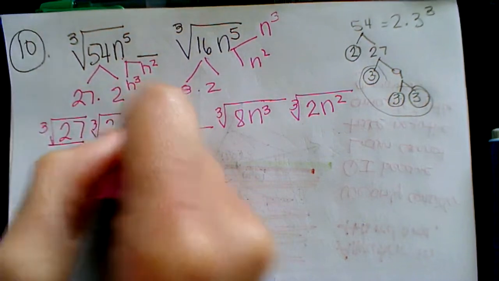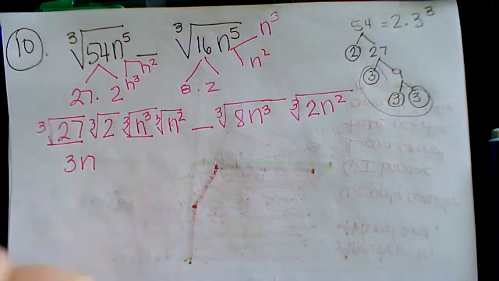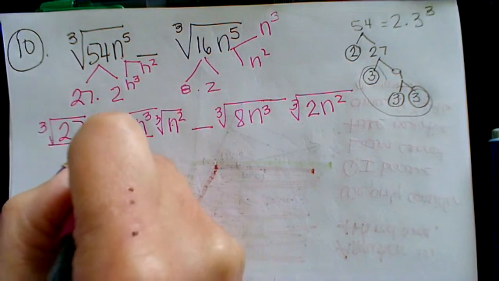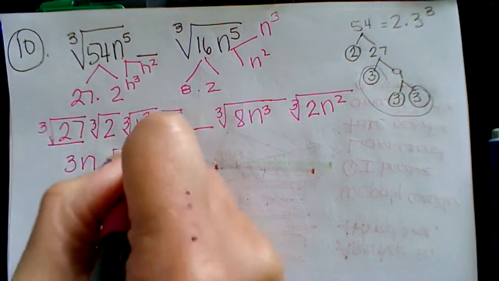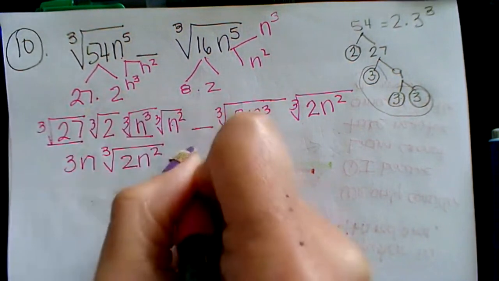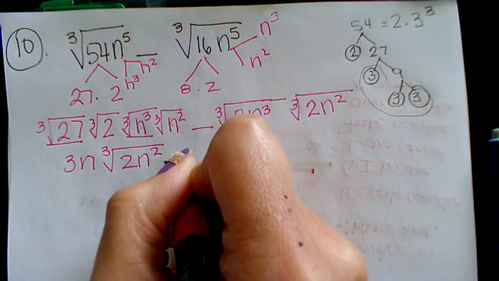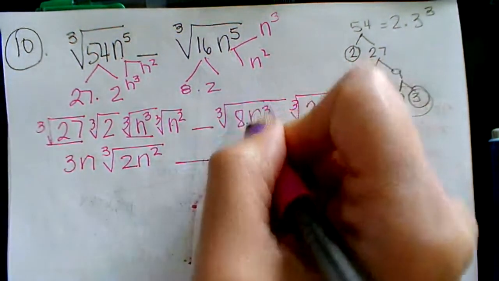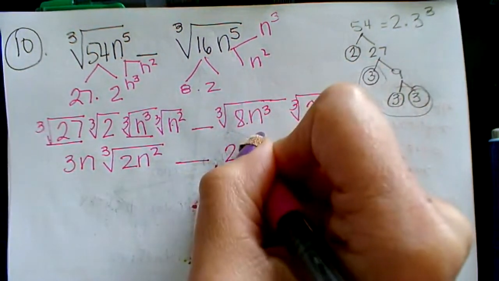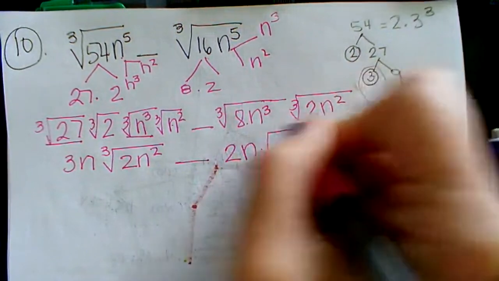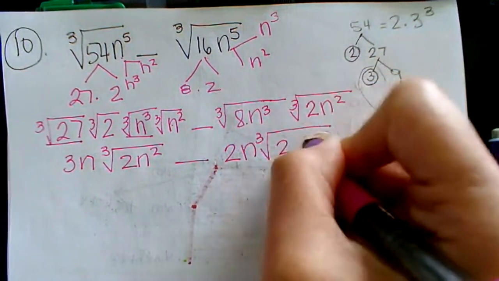From here we get 3. From here we get n. So we have 2n squared, minus, what do we get here? 2n, and we just have this one here.